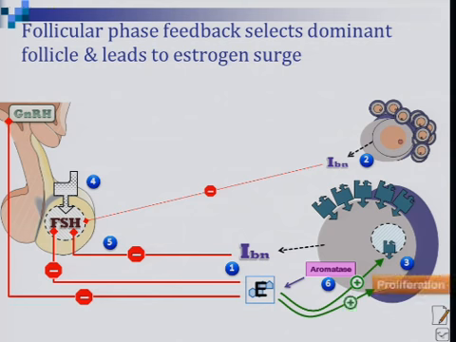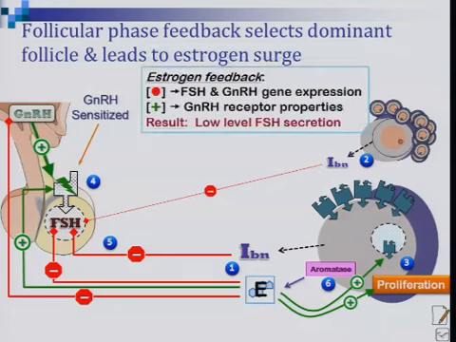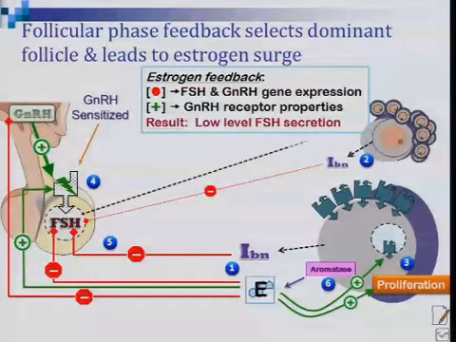Estrogen causes proliferation and synthesis of more receptors. It also sensitizes the GnRH receptors. Again, this is a poorly understood process, but whatever signal you do get, even though you've got feedback inhibition here, you do get secretion of FSH. So there's low-level FSH secretion.